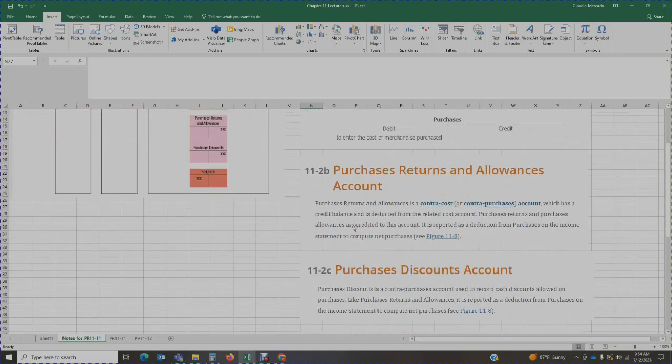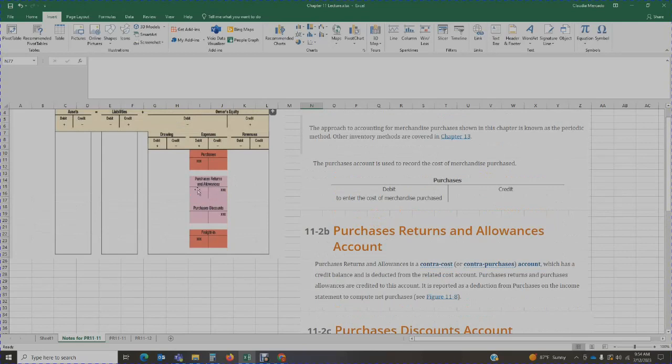Next one we have is purchases, returns and allowances. Purchases, returns and allowances is a contra cost or a contra purchases account. So basically the purchases, returns and allowances is the opposite of my purchases account. So we're going to have our purchases, and right below that we're going to have purchases, returns and allowances.